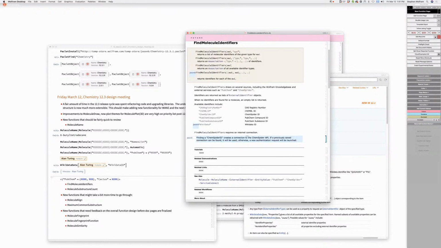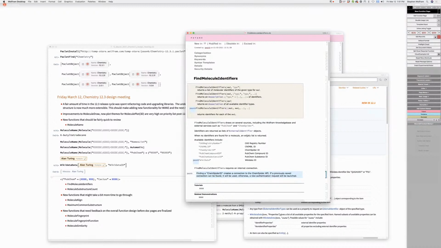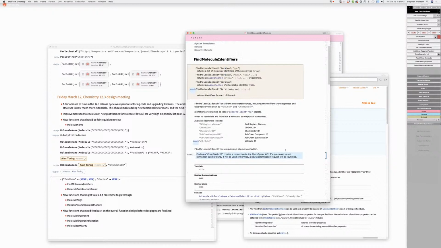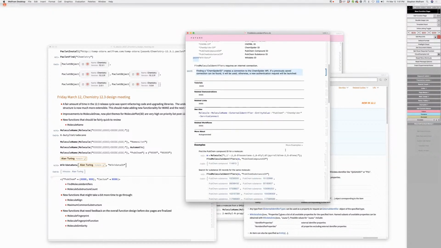All right, so let's see. Find molecule identifiers. I'm troubled by the S at the end. And what's the default if you just give one argument? It returns an association.